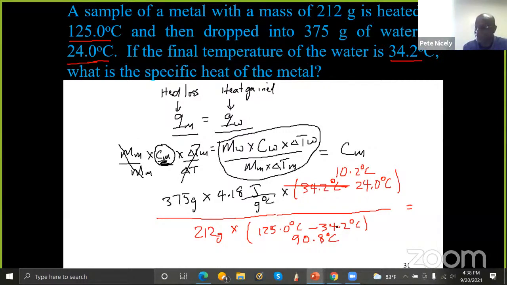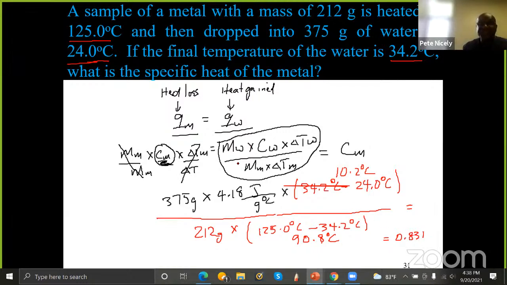So 375 times 4.18 times 10.2 divided by 212 times 90.8. So according to my calculation, this works out to be equal to 0.831, rounded appropriately.